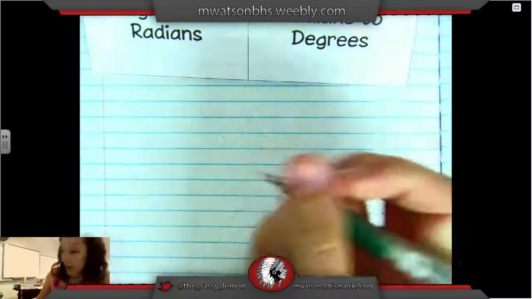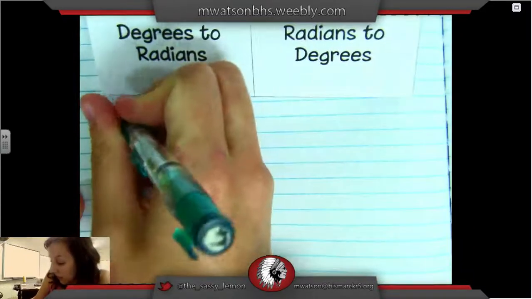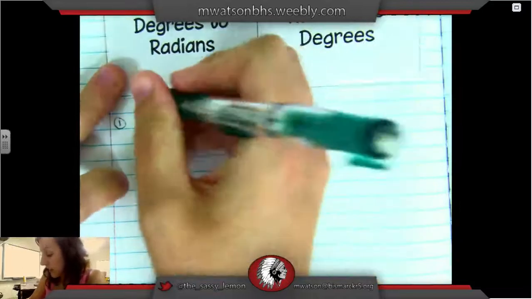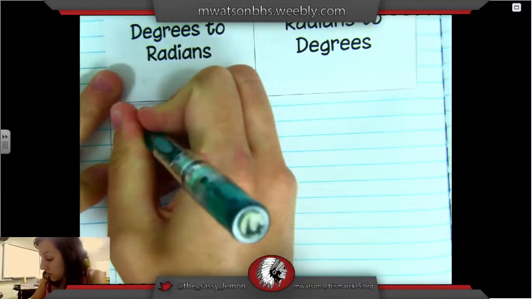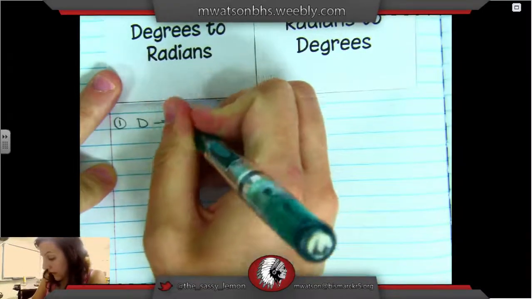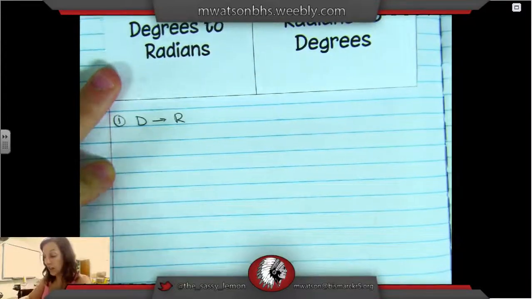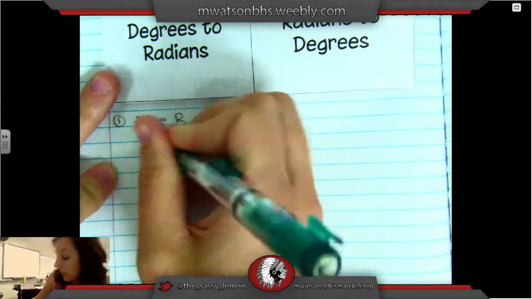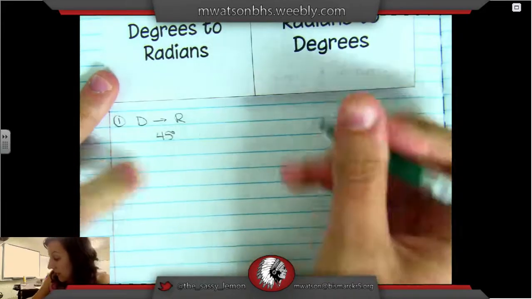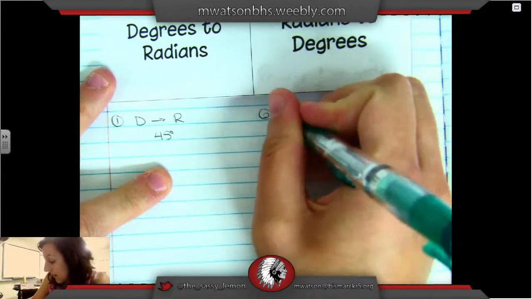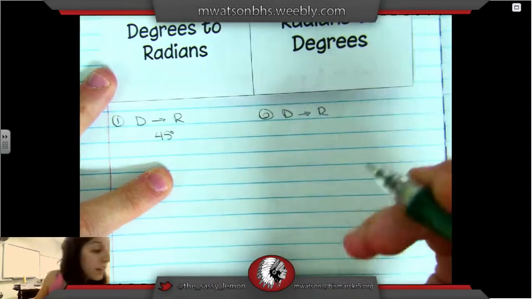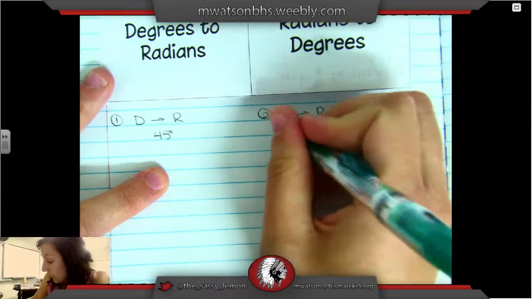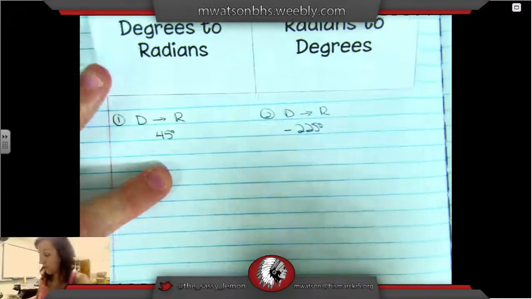All right, so we're only going to be doing 4. The first 2 are going to be degrees to radians. So this first one, I want you to convert 45 degrees. And the second one, I want you to convert negative 225 degrees.